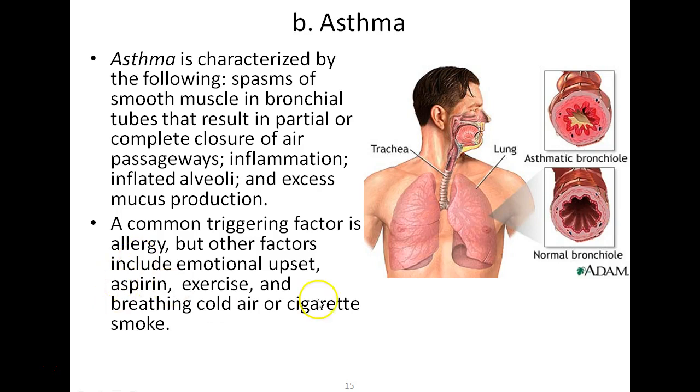So in this diagram, we see a normal bronchiole as compared with an asthmatic bronchiole. So common triggering factors are going to be allergies, but interestingly, even emotional response or getting upset can also trigger an asthma attack. These episodes typically last for an hour or two, and a good treatment for asthma is to administer a type of steroids.